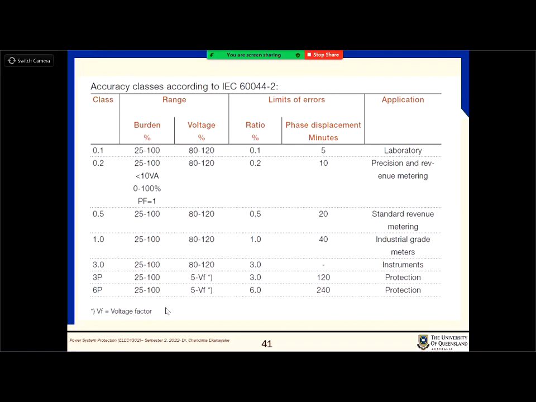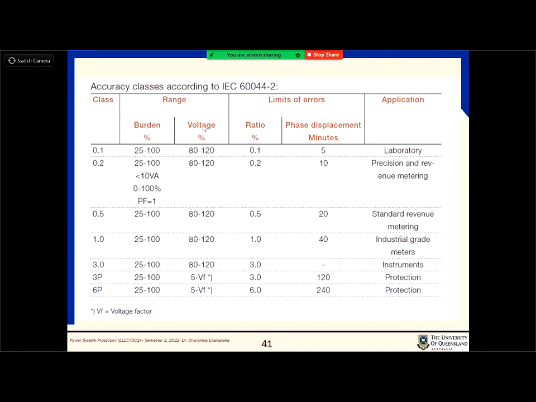There are different classes they define, right? And then when you are looking at the burden, burden must be maintained in between these different values. Those are the percentages, 100% to 25%. 100% is defined as, let's say, the maximum burden for that transformer, and it should always work between 25 to 100, not even below that.